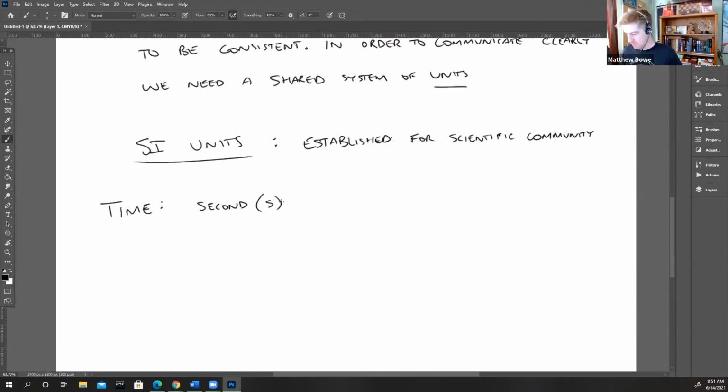The second was at one point related to an Earth day. However, since we've started studying the Earth's rotation more closely, we've figured out that the Earth is actually slowing down as it's been spinning.